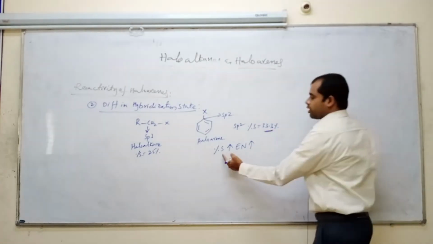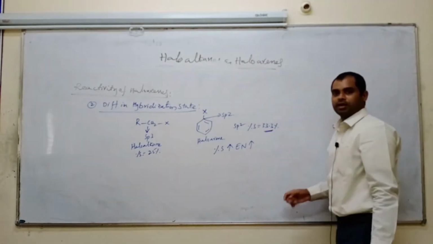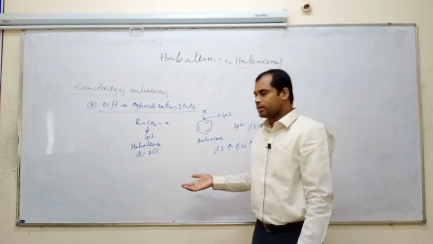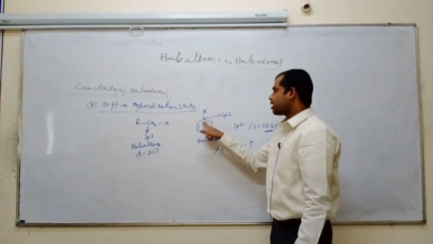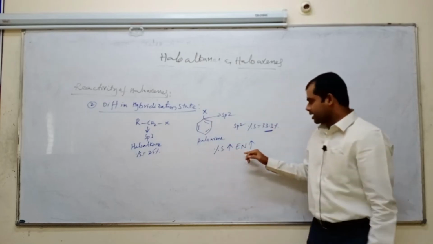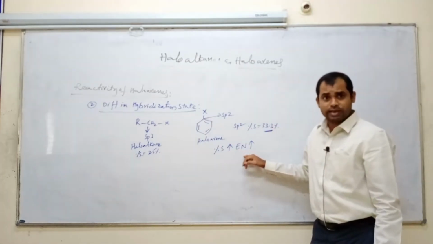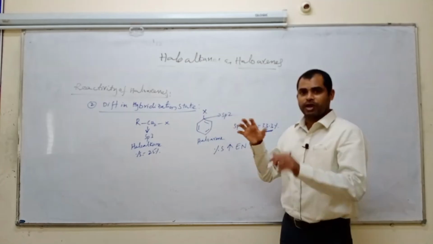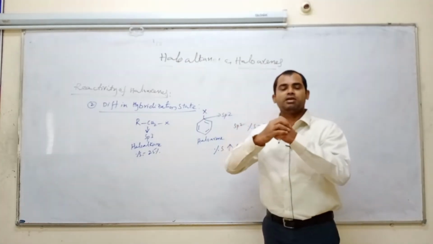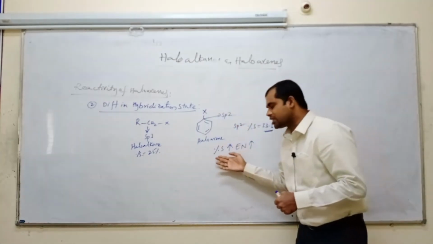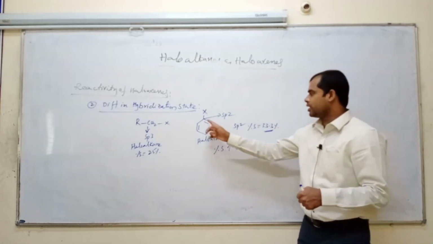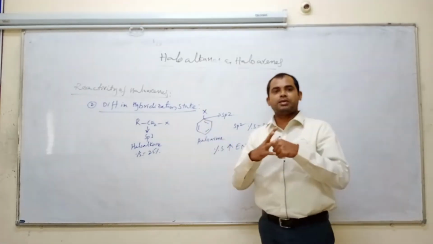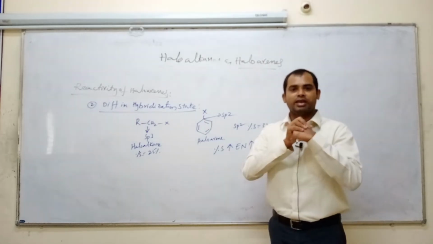More s character means more electronegativity, so there is less tendency to release electrons. The electron pair holds the bond very strongly.